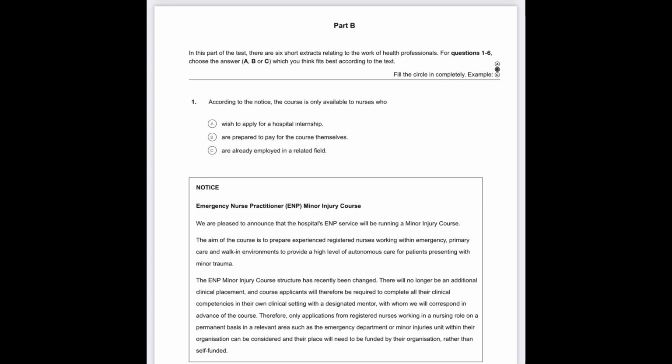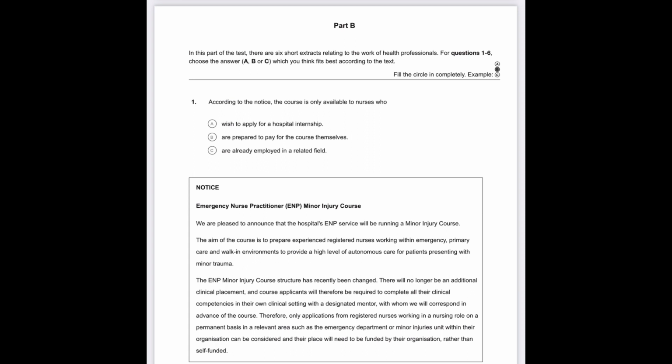According to the notice, the course is only available to nurses who. So which nurses can avail of this course? Let's read the notice. Emergency nurse practitioner minor injury course. We are pleased to announce that the hospital's ENP service will be running a minor injury course.